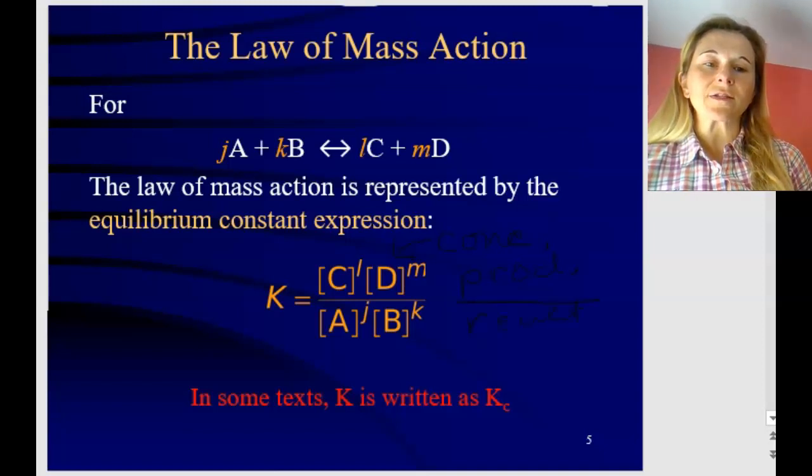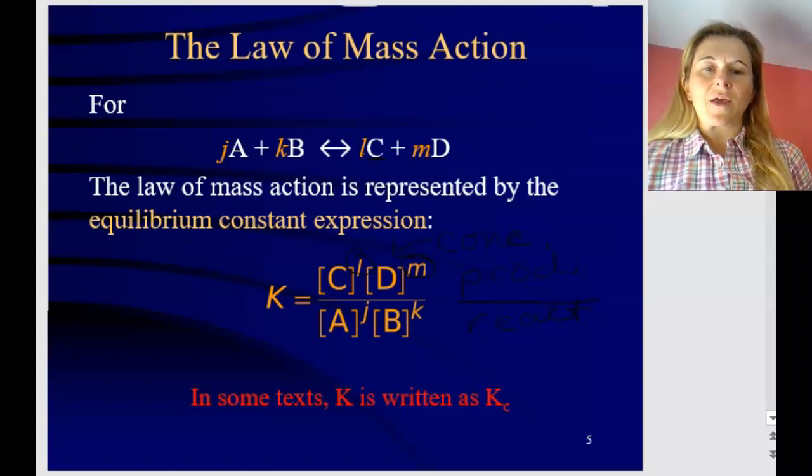So products are on the top and reactants are on the bottom. And we see here that we have turned the coefficients into exponents. So whatever the concentration of C is, we're making the coefficient its exponent, and the concentration of whatever D is, its coefficient M is now its exponent. And so this is the formula to calculate the equilibrium constant.